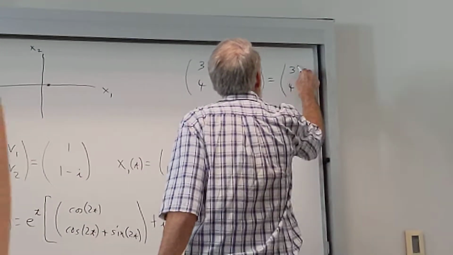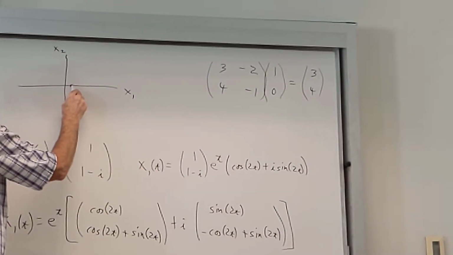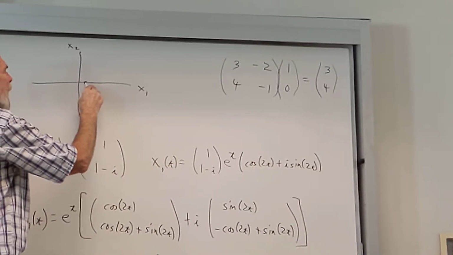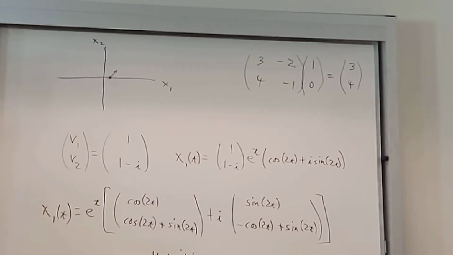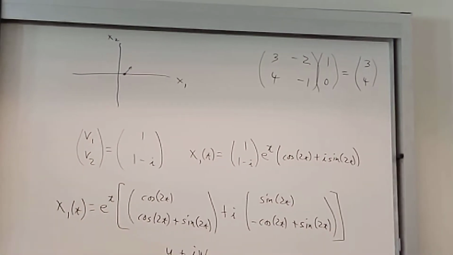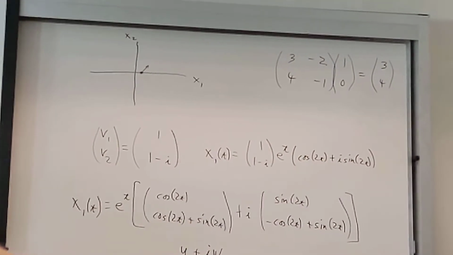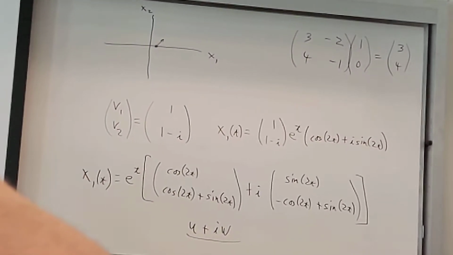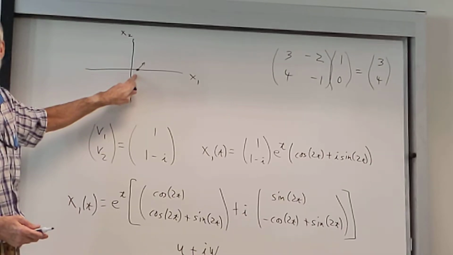Now, starting at this 1, 0, I want an arrow pointing in that 3, 4 direction. It goes like that, doesn't it? So what that tells me is this has to be spiraling out in that counterclockwise direction, because from this point it has to be entering the first quadrant.